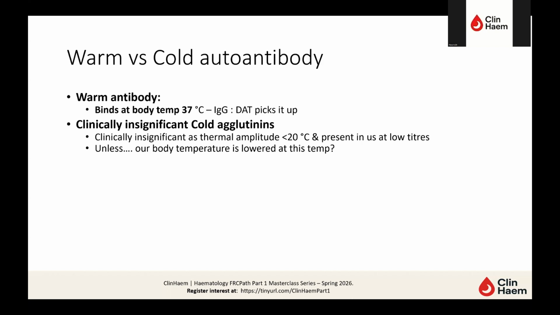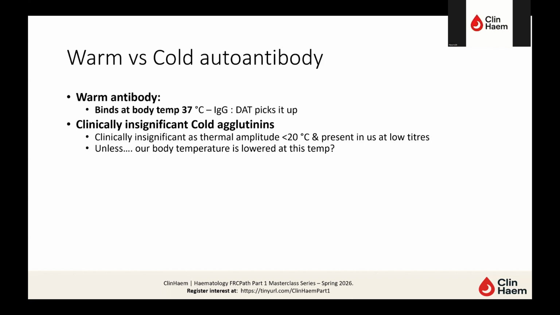And that is when a person who has cold agglutinins, it might become significant and cause a concern, because if the temperature is dropped below 20 and they get the chance to work now and bind to cells and cause hemolysis, that would not be good. So that's why cardiac units are supposed to have protocols to detect and screen patients for these cold agglutinins if they are going to do a procedure where they are going to drop the temperature to such low levels, and there is a portion on the guideline that actually covers that.